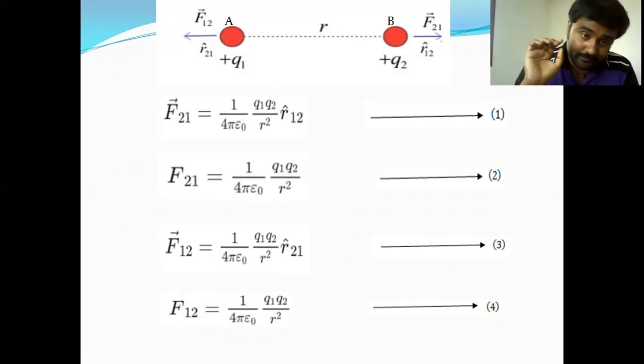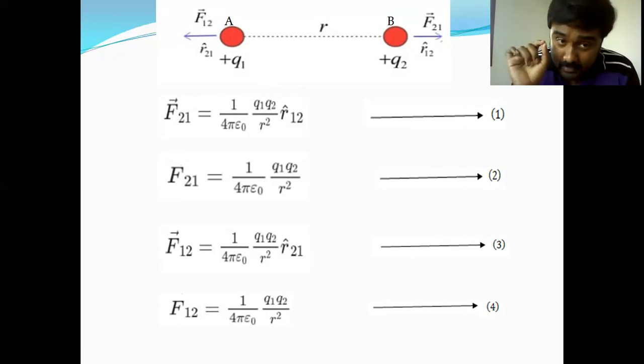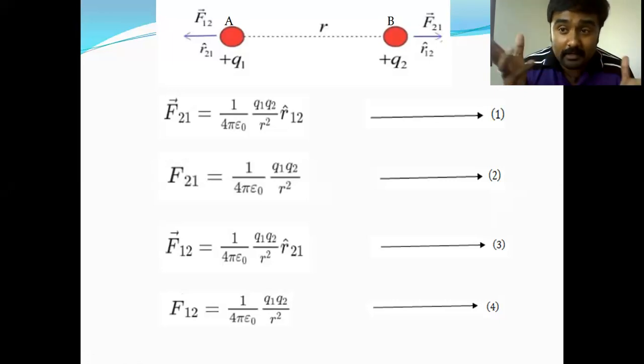Both are equal. The magnitude of the F21 vector is exactly equal to the magnitude of the F12 vector. F12 and F21 form an action and reaction pair. Both are forces, but they act not on the same body but on different bodies.